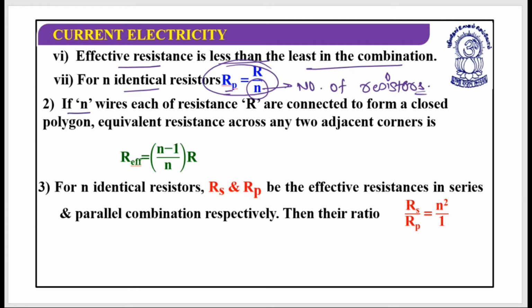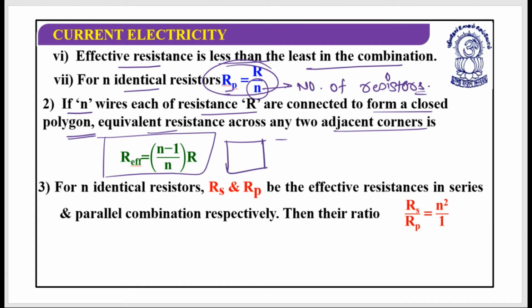Now let's suppose one more thing. If N wires each of resistance R are connected to form a closed polygon, the equivalent resistance across any two adjacent corners is R effective equals R multiplied by N minus 1 by N. A thing is something like this.